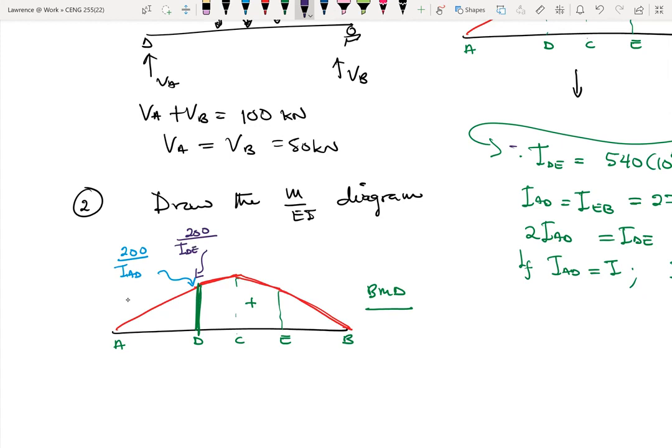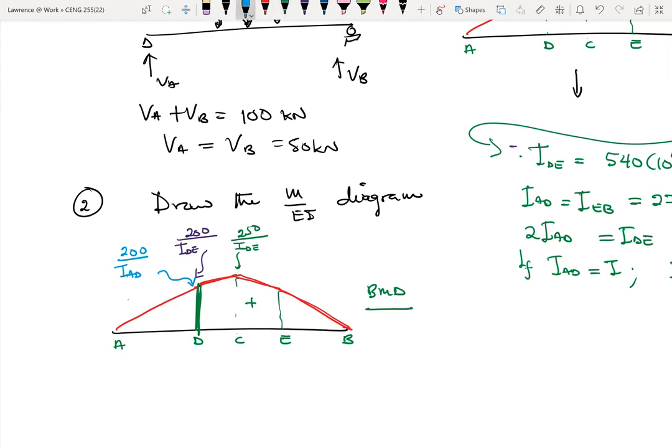Okay, so that same point is being shared by two different beams. Here, this place, because on both sides is the same thing anyway, so here becomes 250 over IDE.